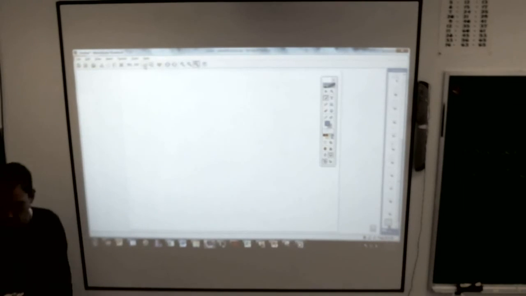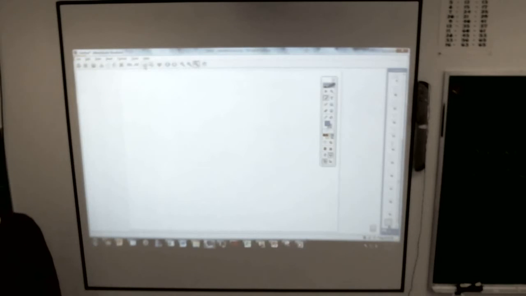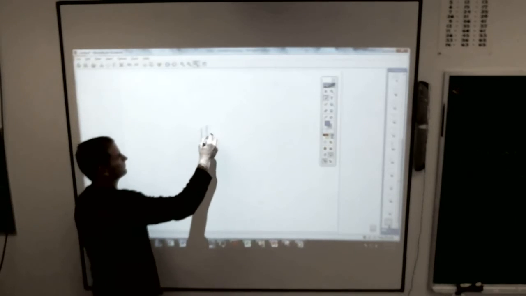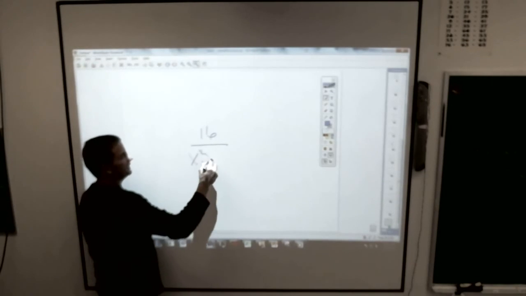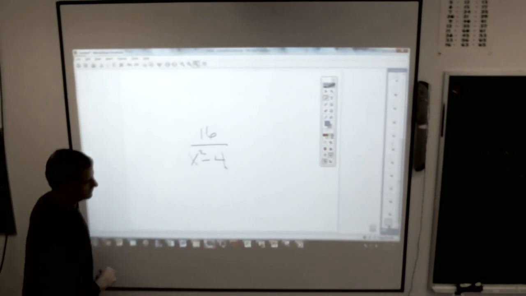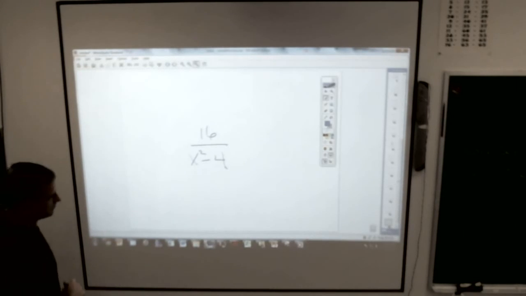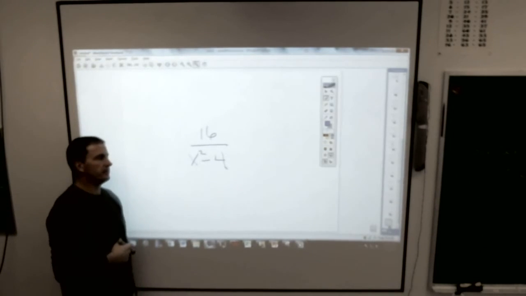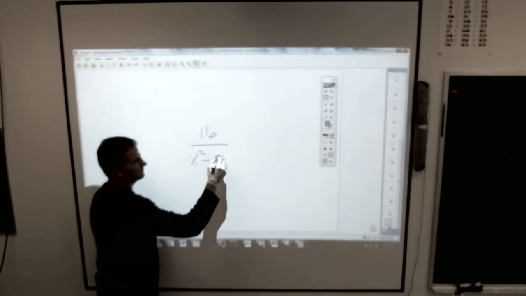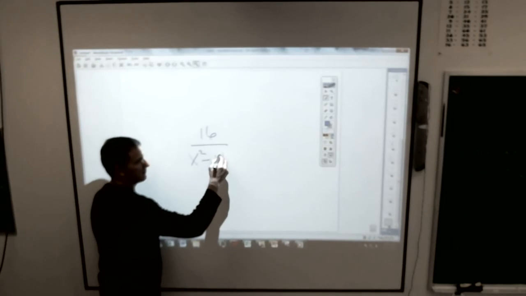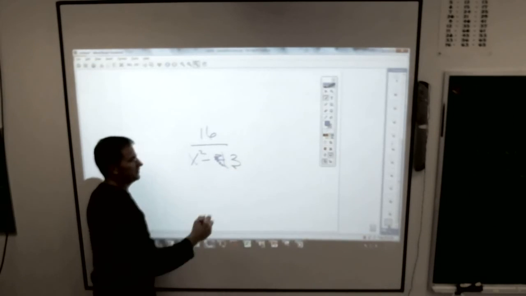How about one more, right out of the book? Oh, here's one. 16 over x squared minus 4. What cannot x be? Here, let me change that. Let's do x squared minus 3.